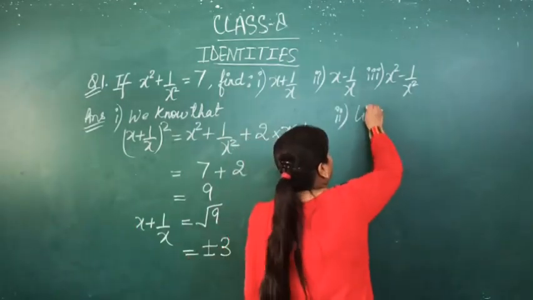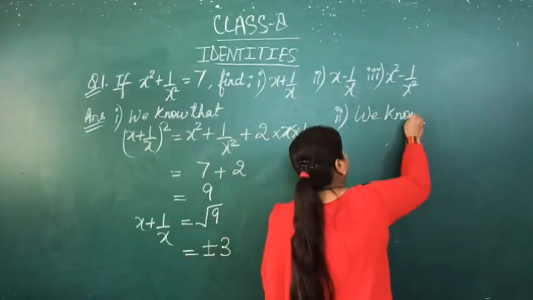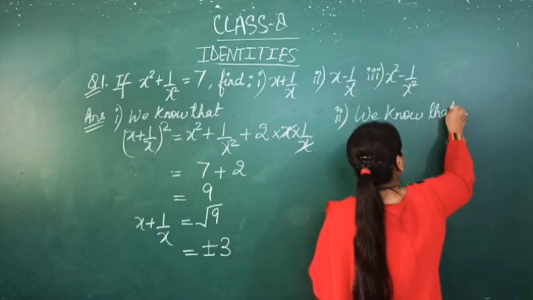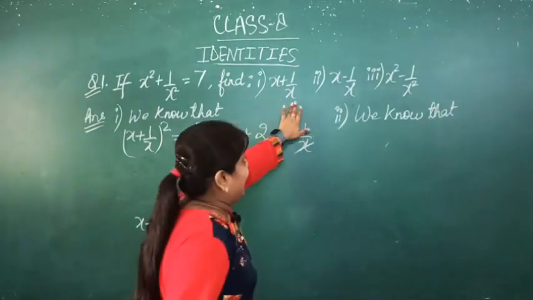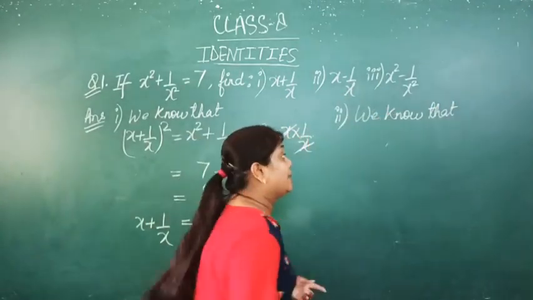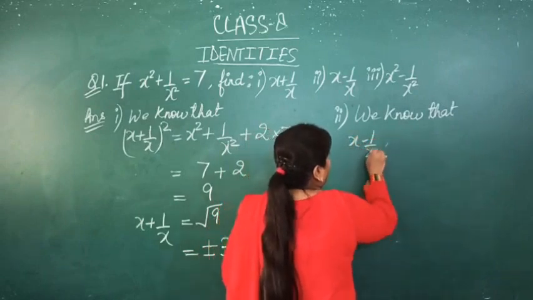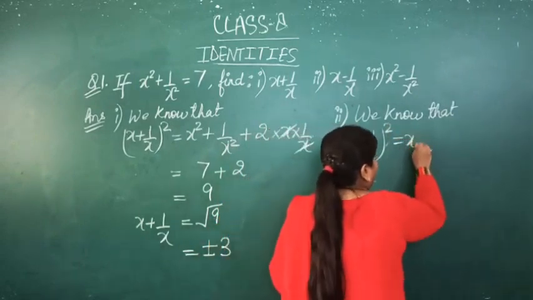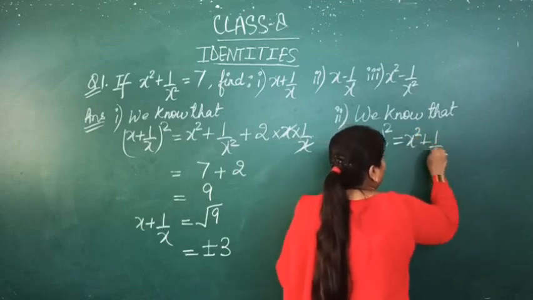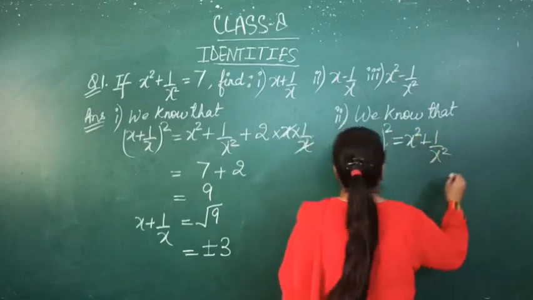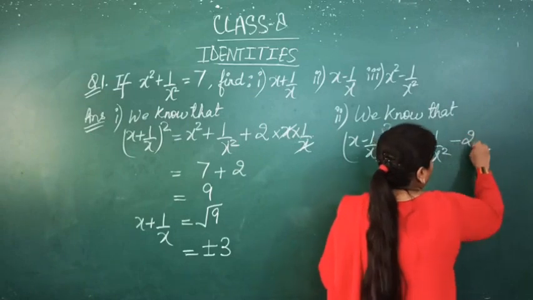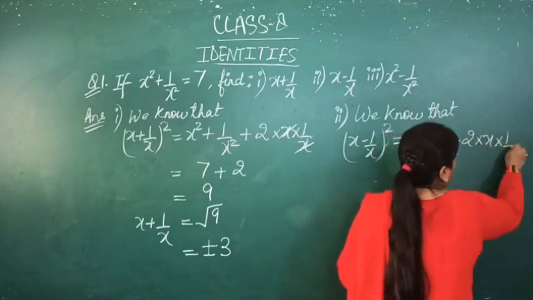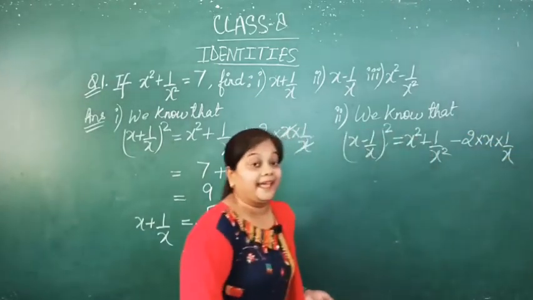Second part, we know that x minus 1 upon x whole square is equal to x square plus 1 upon x square minus 2 into x into 1 upon x.